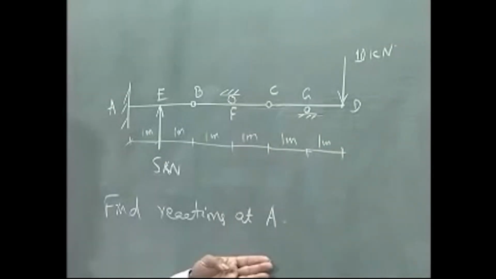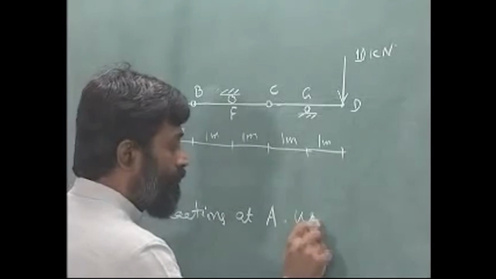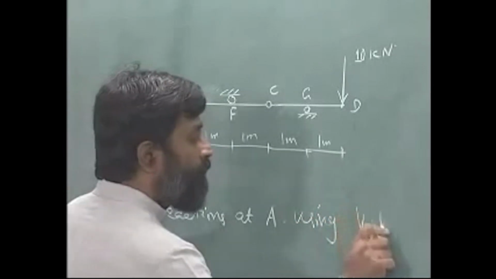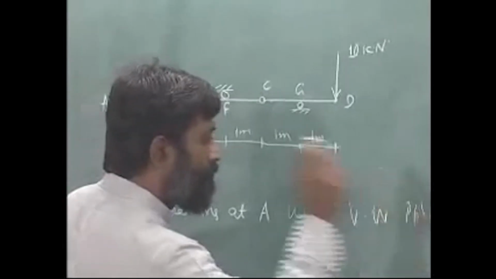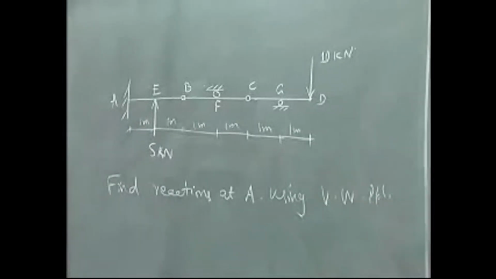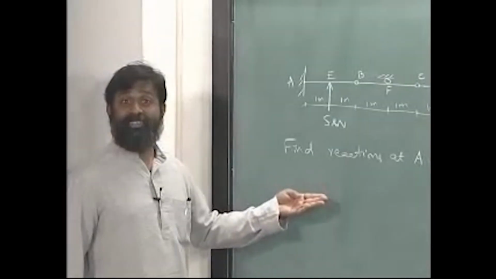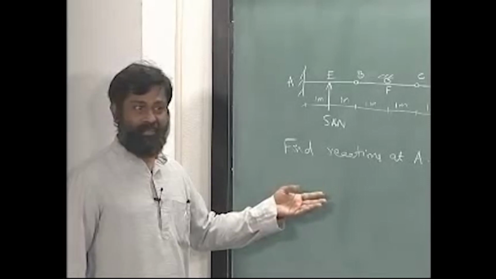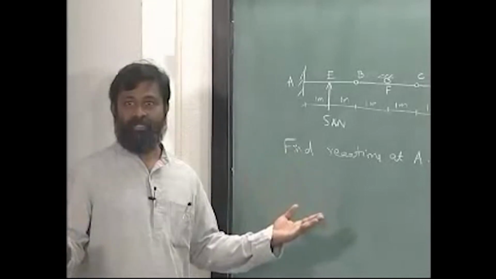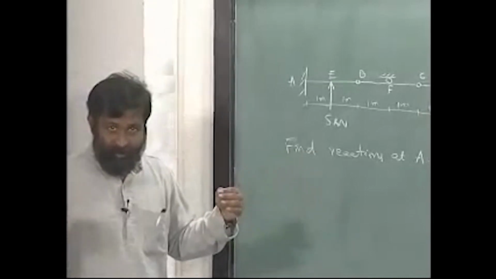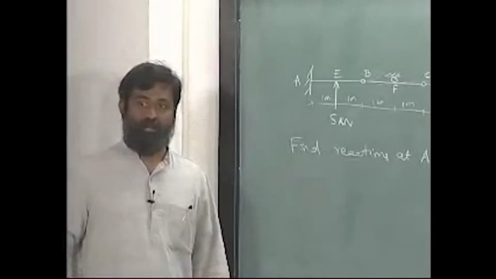I need to find out the reactions at A using the virtual work principle, okay. What would be the first step? It is quite procedural and therefore we will go through each of the steps that we have to carry out.